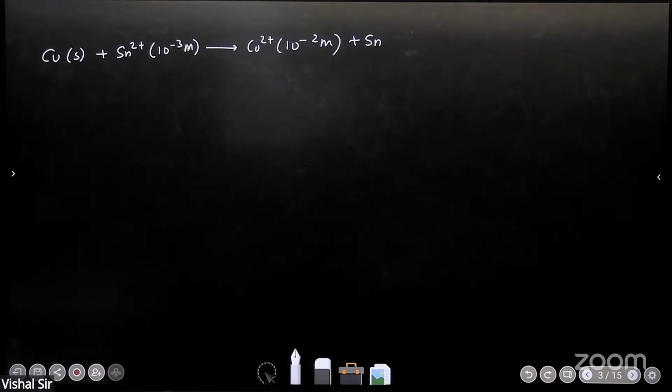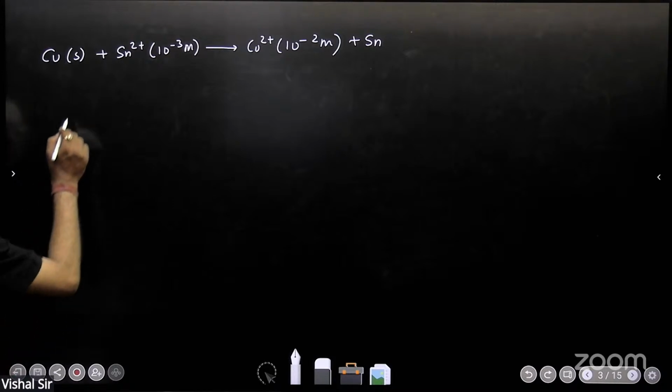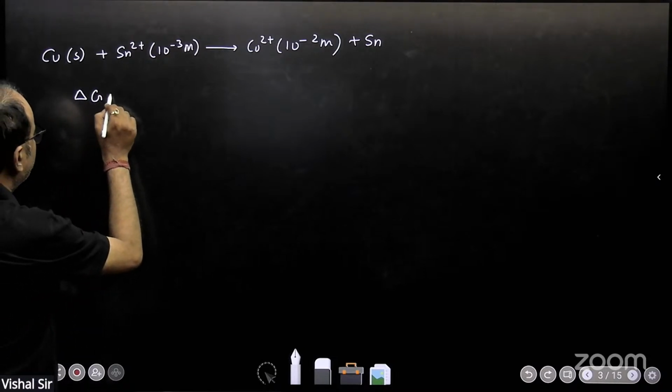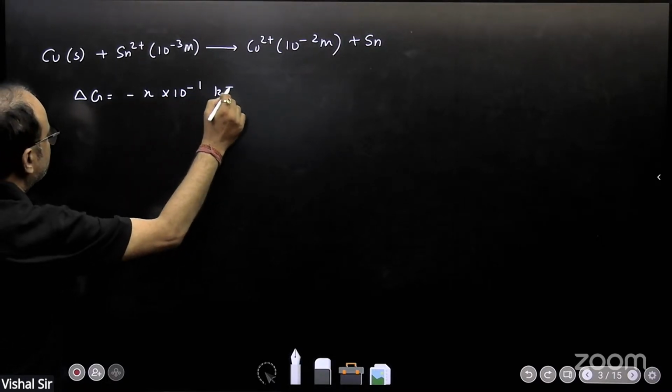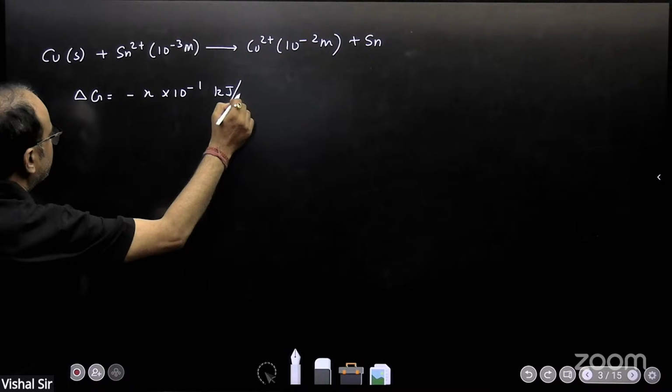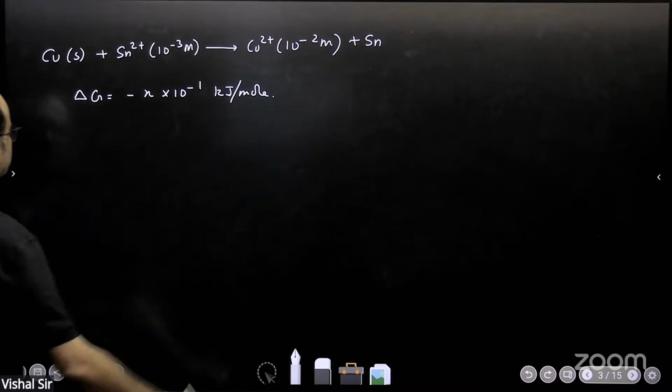This reaction is given, and we are asked delta G for the above reaction, which is given in the form: delta G of the above reaction is minus X into 10 raised to minus 1 kilojoule per mole.